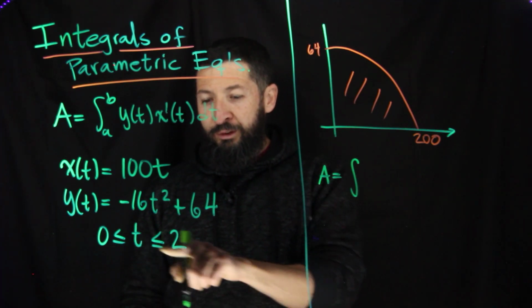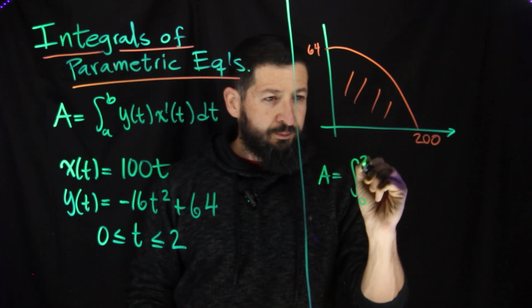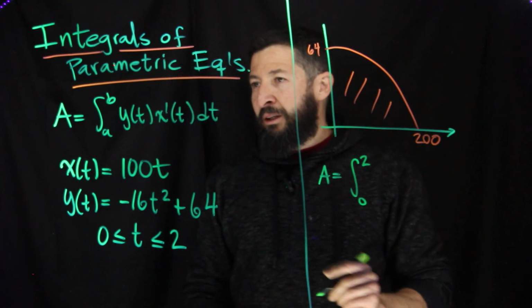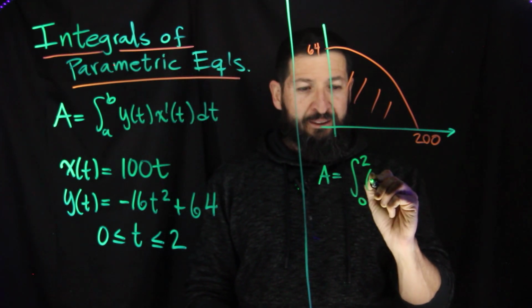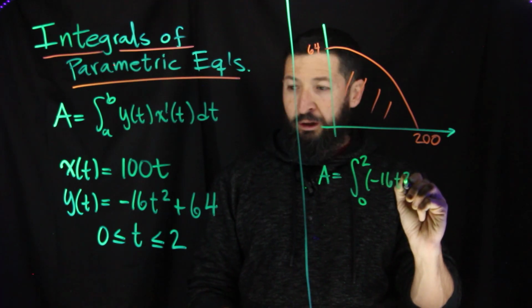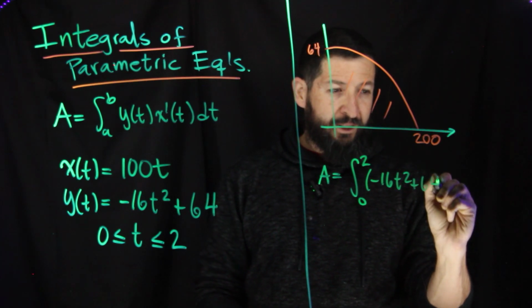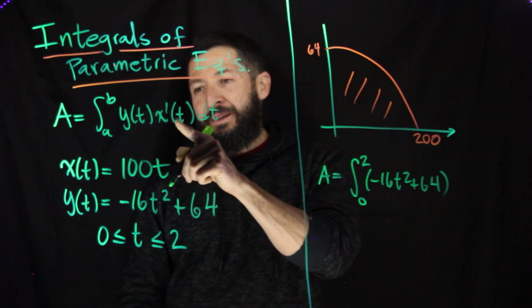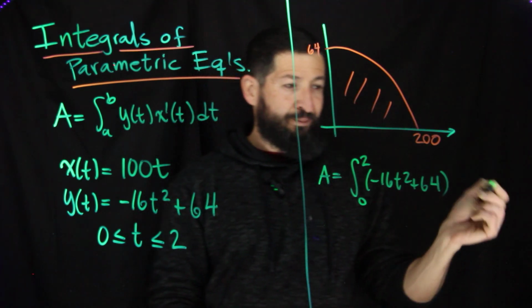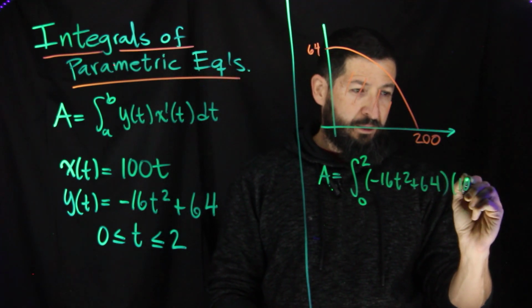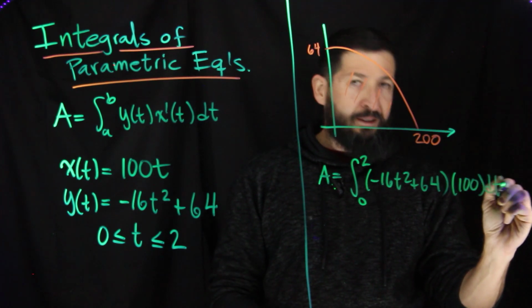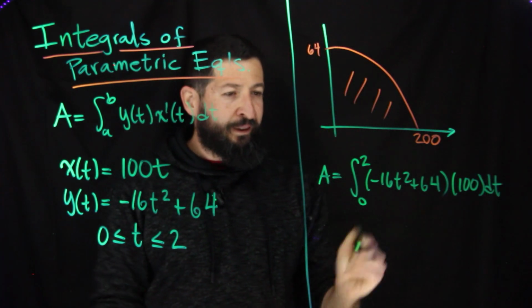Now my time goes from 0 to 2. All right, and now I'm going to do y, which is going to be negative 16t squared plus 64, times x prime. x prime is just 100 dt. And now it's just a matter of integrating.